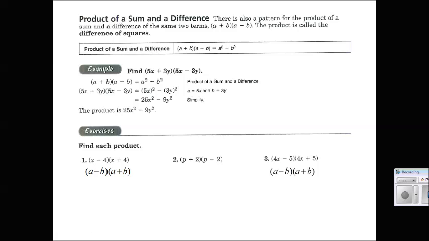So I write x squared. What's the b? It's 4. So I write 4 squared, which is 16. Done. This equals this, so this equals this. Rather than writing this as 4 squared, I'm going to write it as 16, because I know that is a number.